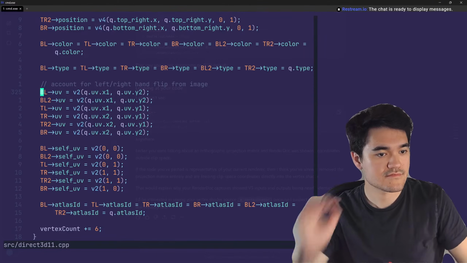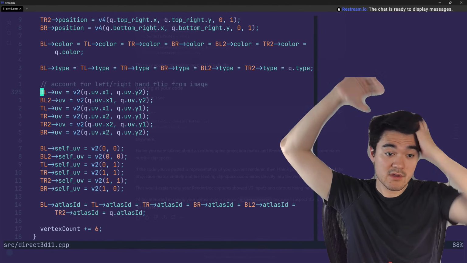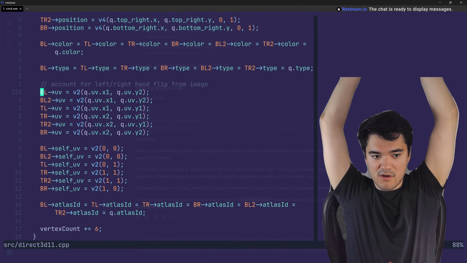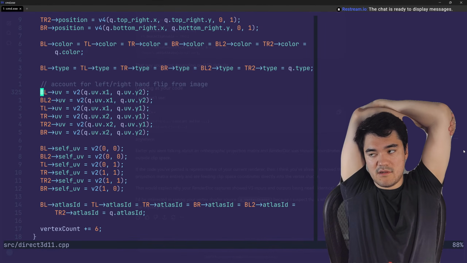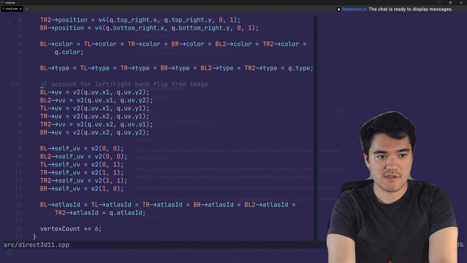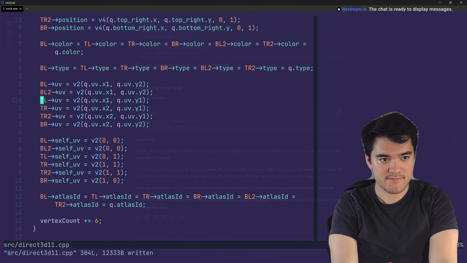But the UV coordinates of them and the self UV now are going to be different, because top left should always be 0, right? Top left should be 0.